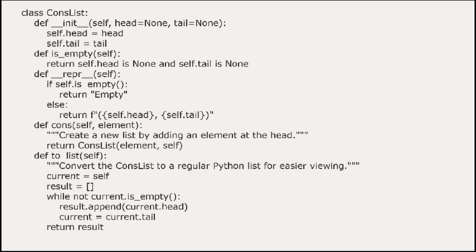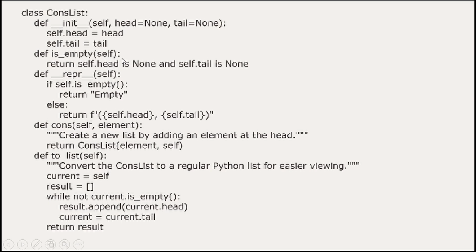We defined a class ConsList and initialize the function, def __init__, with self, head equals None and tail equals None. We are assigning the head and tail values. Next, we are defining the isEmpty function.